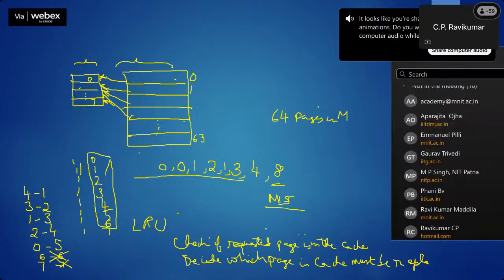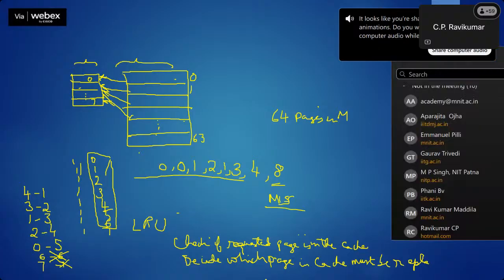So we will have to have a tag to find out which page in the main memory is actually currently loaded in the cache. So we'll have to use tag memory, and then search through the tag memory to see whether the requested page is in the cache or not.